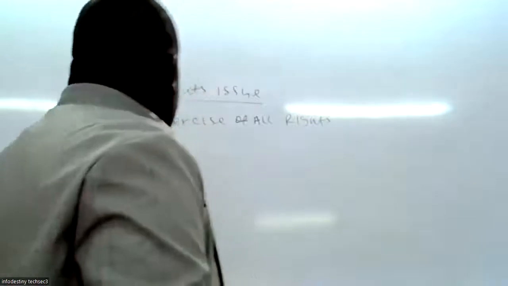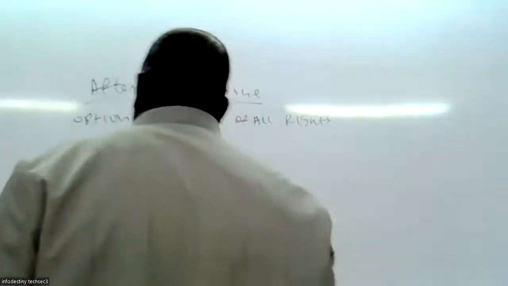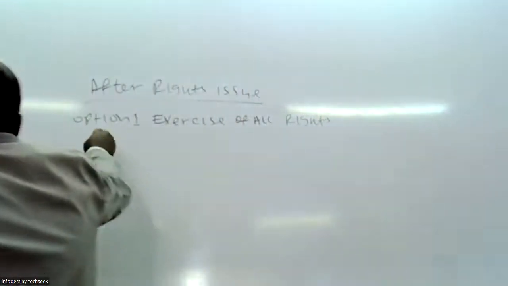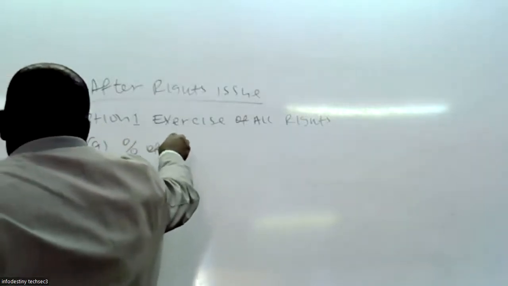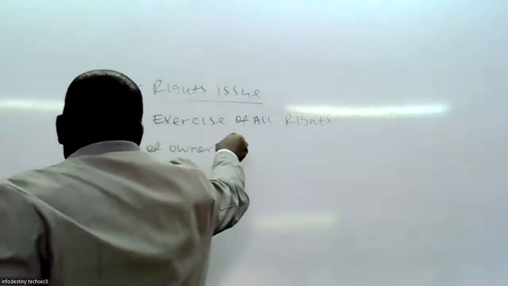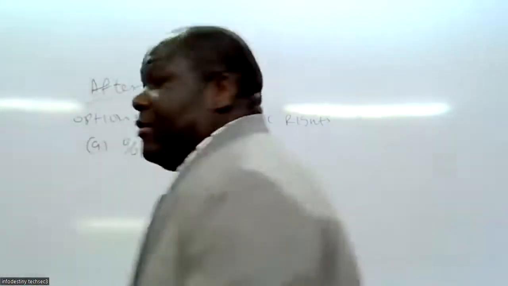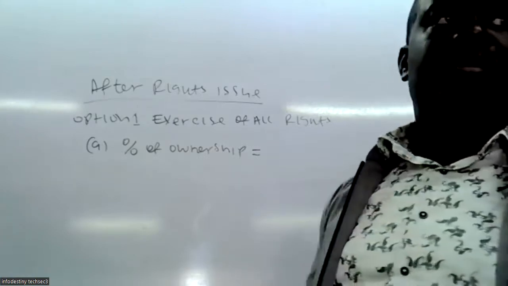When it comes to the exercise of all the rights, we start out with the percentage of ownership. So we want to know after the right issue, when he exercised all his rights, what is his percentage of ownership?